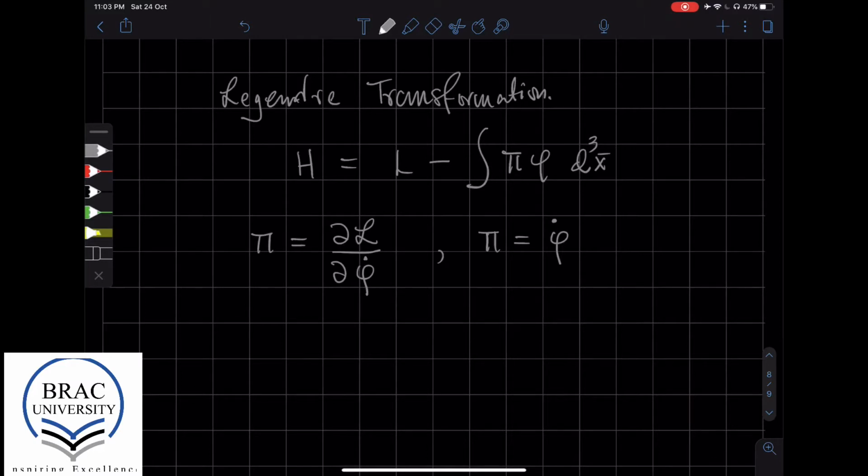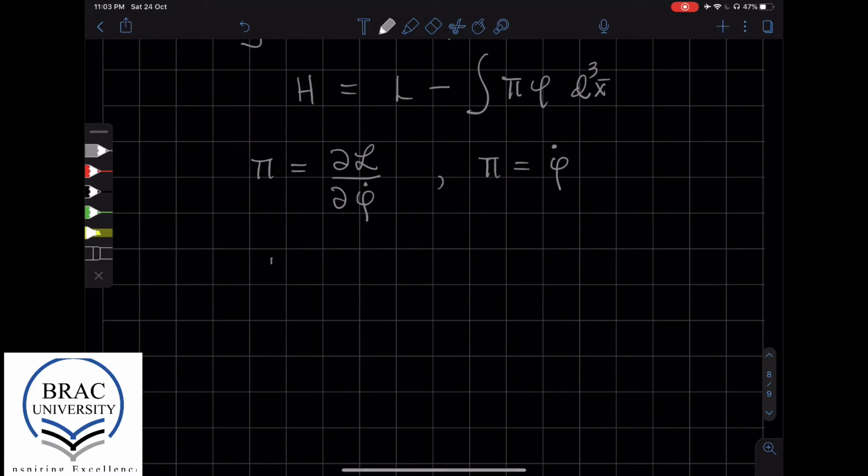So if we now plug in this value of phi dot, then we can define what we are going to call a Hamiltonian density, which is the quantity over which, if we integrate over all space, we get the Hamiltonian.